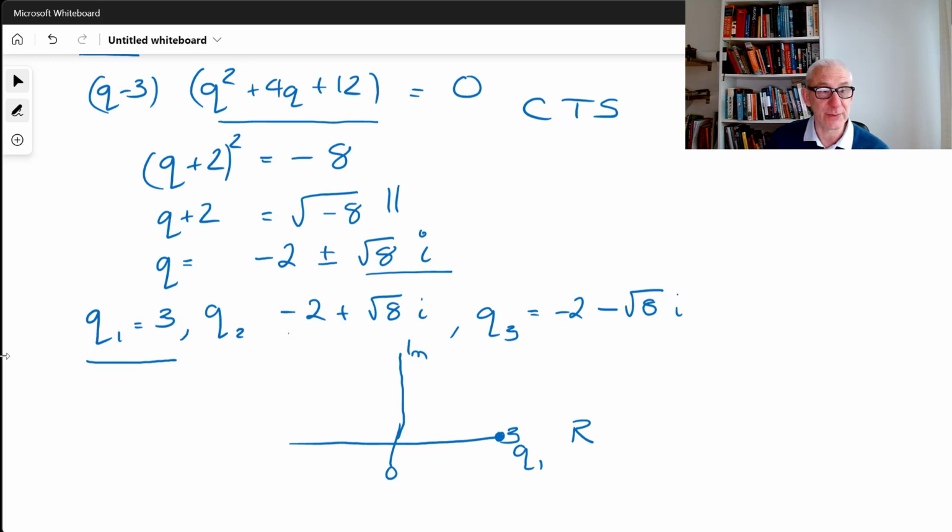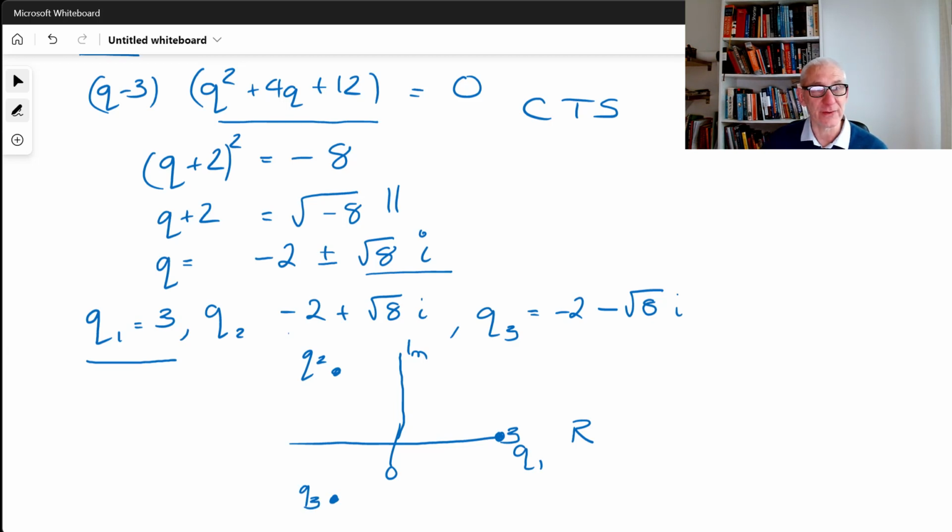So -2 and √8 is going to be over here somewhere. And the other one, -2 minus √8, sorry, is going to be round about there. So that is the real root. That is Q1. That is Q2, and that one is Q3.